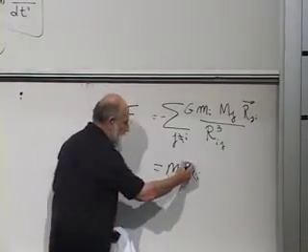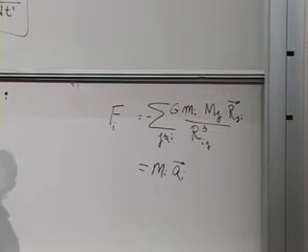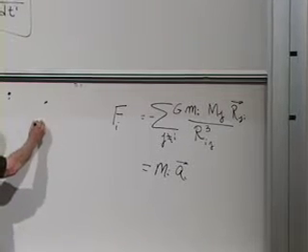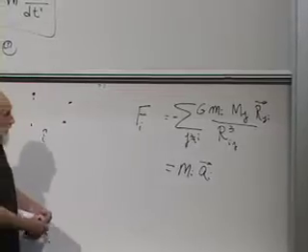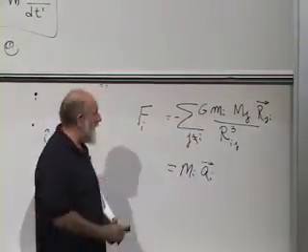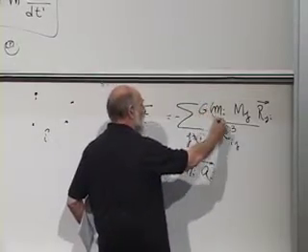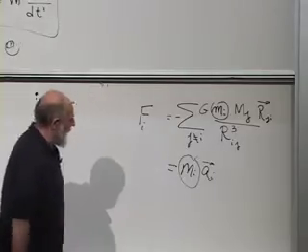Again, vector equations. The sum here is over all the other particles. We're focusing on number i. The mass of the ith particle will cancel out of this equation.